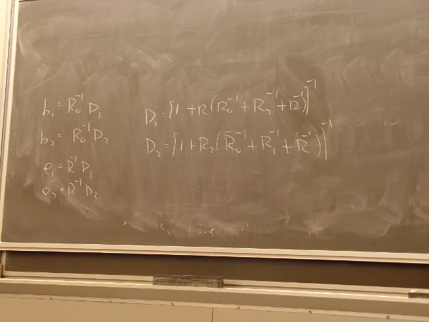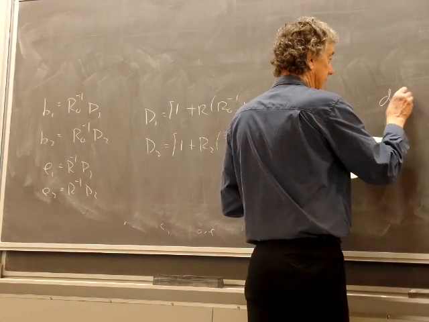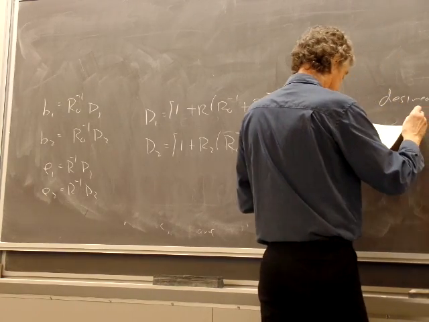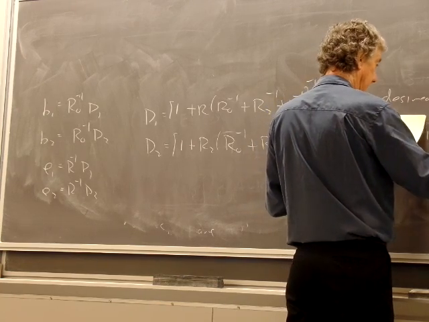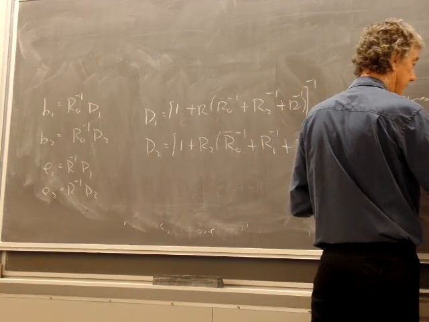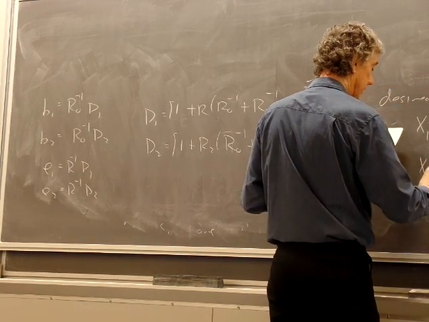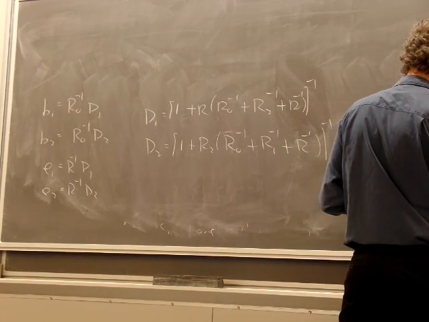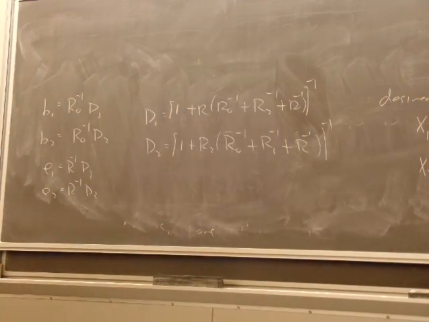Those are a mess of parts. I have some desired states. I want X1 desired to be some constant. And I want the desired state for X2 to be some constant value as well.